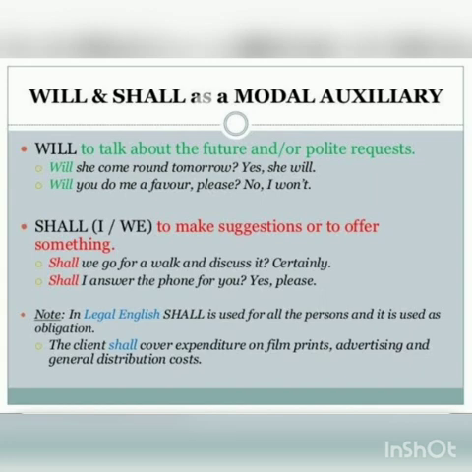Now you are supposed to do an activity. Open page number 72 of your grammar book, and there is one question: fill in the blank in each sentence with shall or will and give within brackets the explanation for the use of either in the sentence.